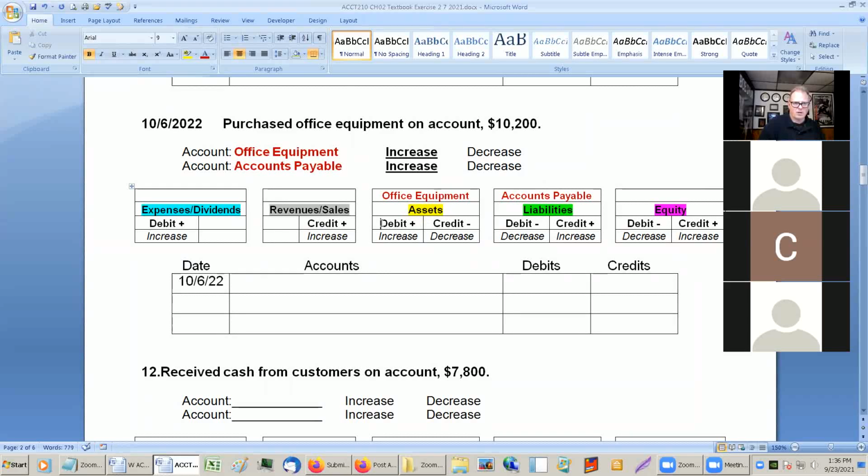So office equipment is going up with a debit. And if you just wanted to make the journal entry, you could stop right there. If you know that office equipment is a debit, then you know that the other one must be a credit. But just for fun, we'll come over here. Liabilities, they also increase with the credit. So they're going up, but they're going up with a credit. So we have office equipment increasing.